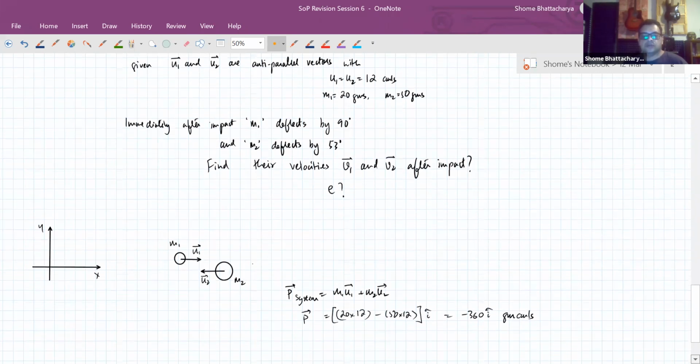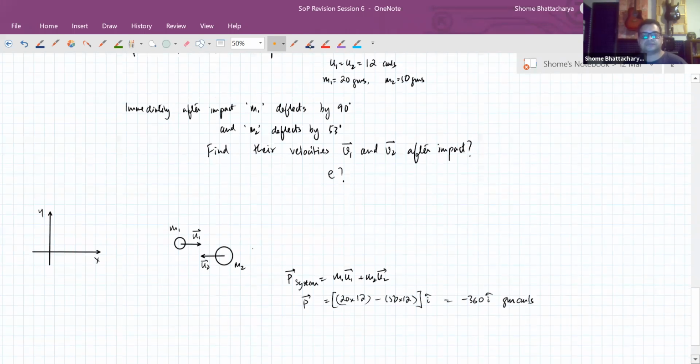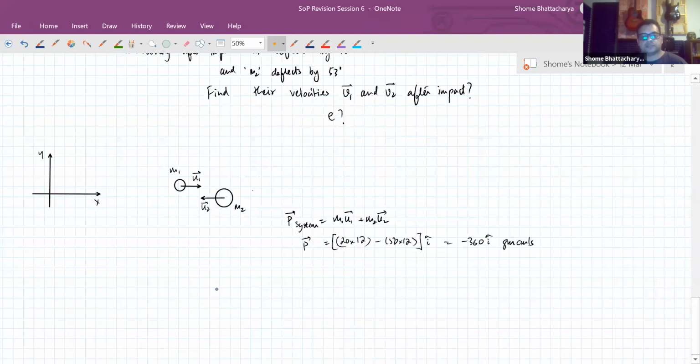Now, just after impact, this body which was going along the positive x direction gets deflected by 90 degrees, so its velocity becomes along the y-axis. Whereas this particle that was going along the negative x direction gets deflected by 53 degrees, so its velocity will be in this direction with this angle equal to 53 degrees.